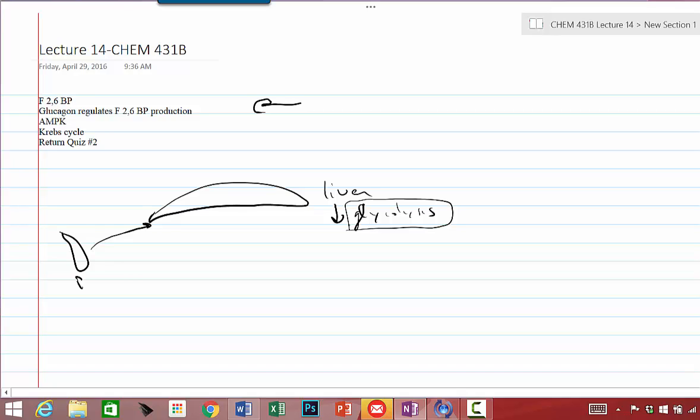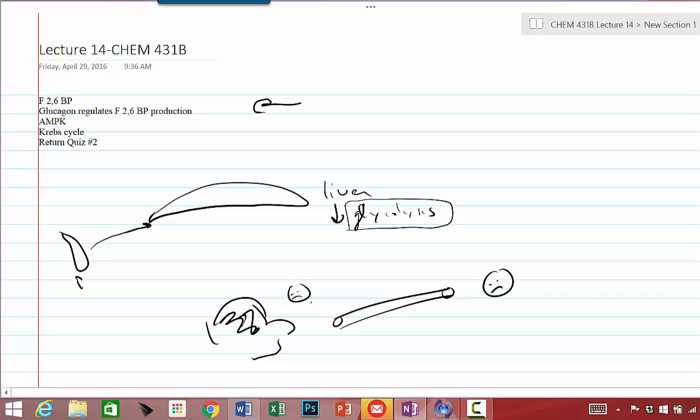The reason for this is that the liver, as I said before, is the master supplier of glucose to the rest of the body. The rest of the body, the muscles, okay, so here's some muscle cells, here's the brain, these are starving for glucose, so they're very unhappy. And so what happens is that glucagon gets secreted from the pancreas, it shuts down glycolysis, it's going to increase gluconeogenesis.